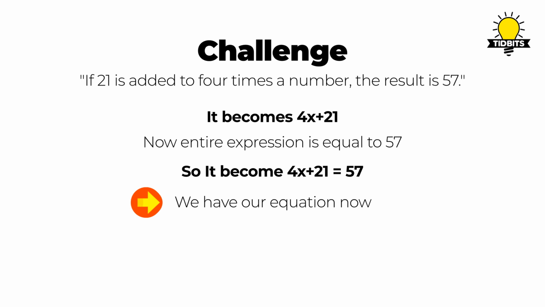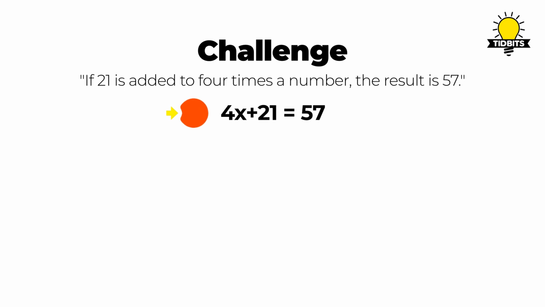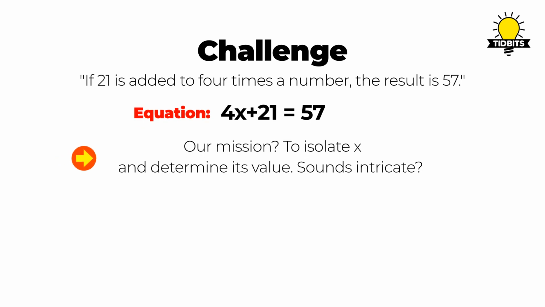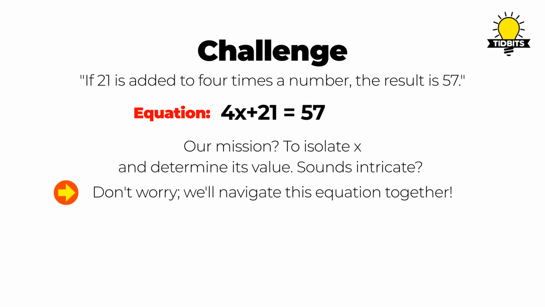We have our equation now. 4x plus 21 equals 57. Our mission: to isolate x and determine its value. Sounds intricate? Don't worry, we'll navigate this equation together.